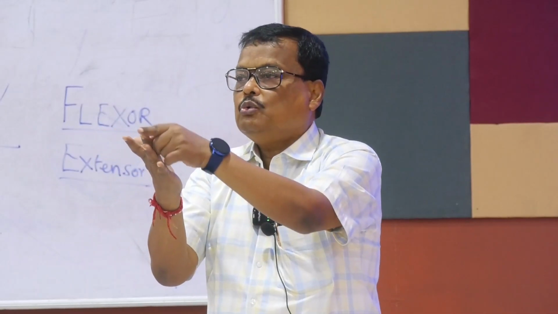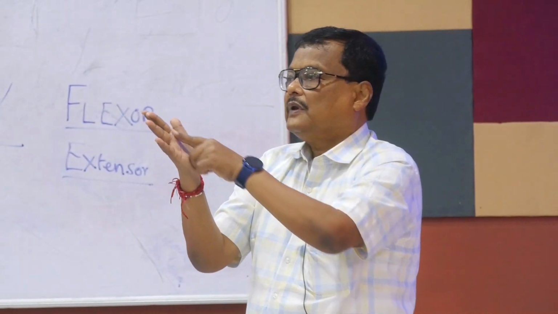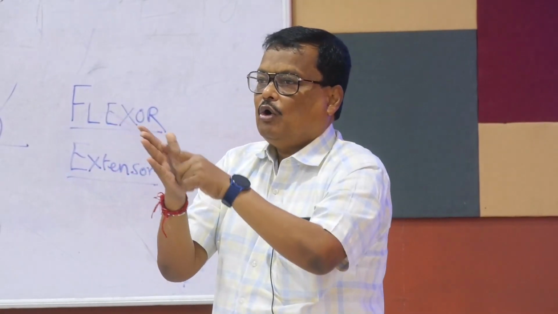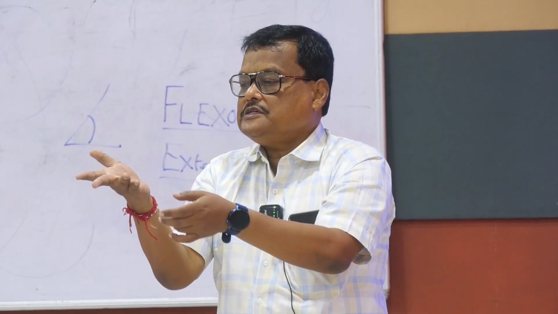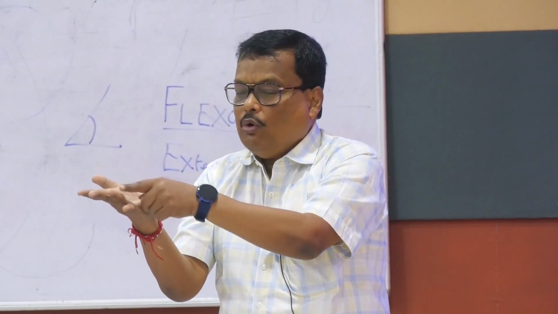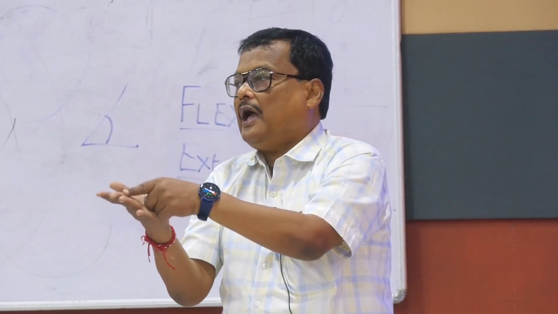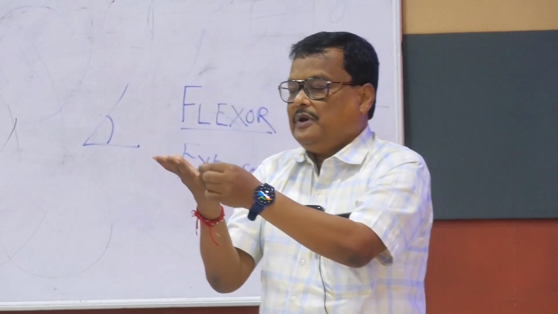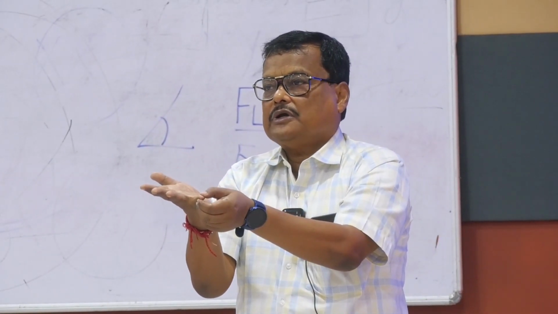It is going towards the axis finger, that is the third finger or middle finger. And this is abduction, because though it is going medially, it is going away from the third finger. Similarly, in case of the ring finger, this is adduction, this is abduction.